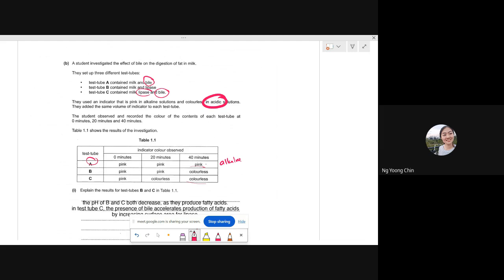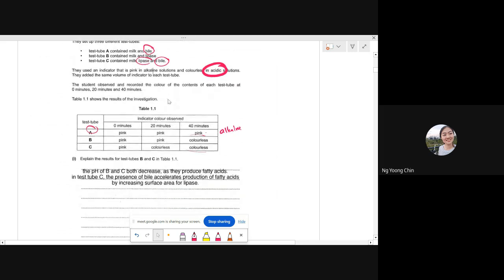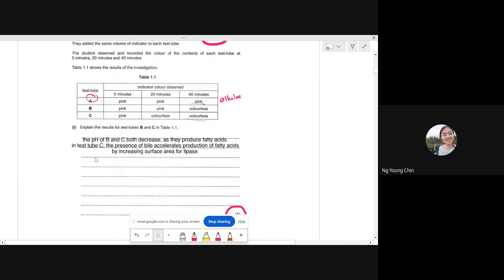These two substances, the lipase enzyme and the bile, help perform fat digestion faster compared to B, which only contains lipase. So for your answer, the pH for B and C both decrease as they produce fatty acid.